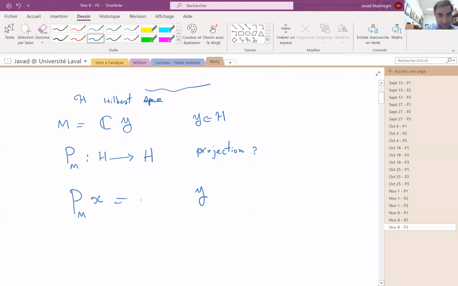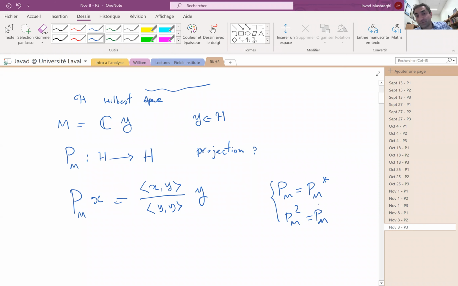And what is the coefficient? The coefficient is this: X scalar Y divided by Y scalar Y, or norm of Y squared. Now that the formula is given, it is easy to verify that P_M is equal to P_M star, and P_M squared is equal to P_M.